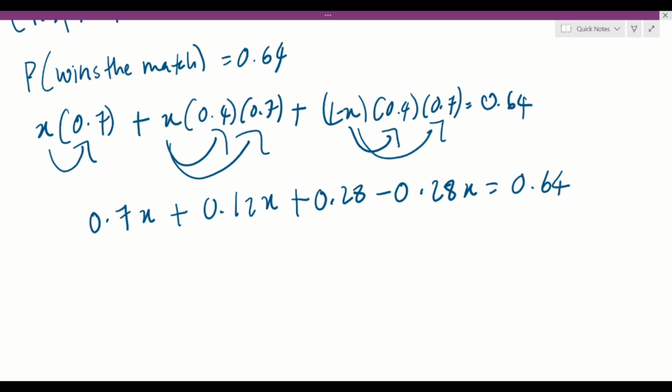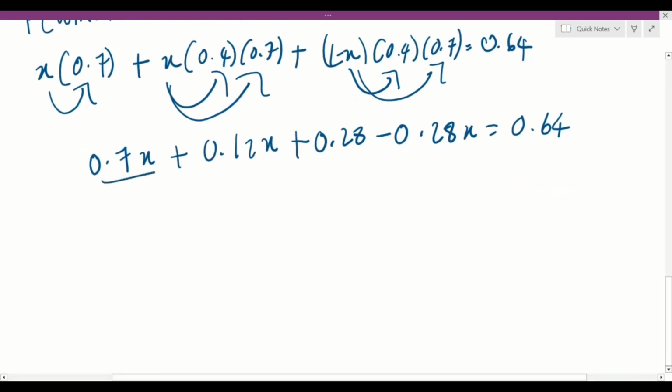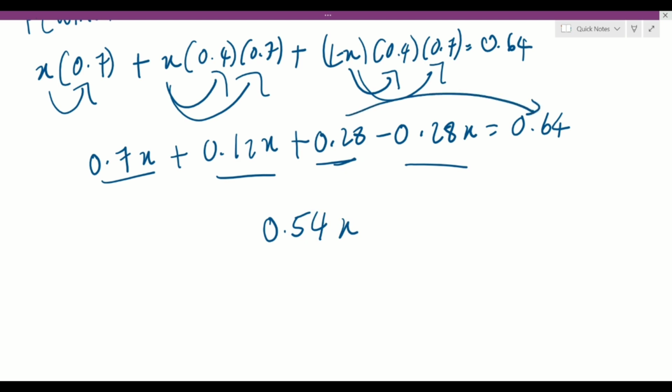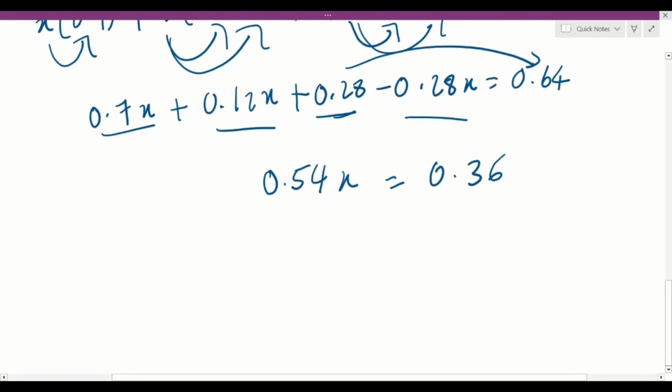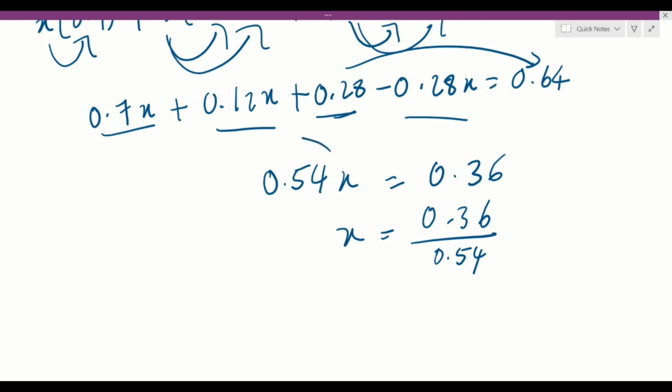Okay, clear? Now you add up everything with x, you gather it, and you'll get 0.54x, and you move this to this side, and you'll get 0.54x is equivalent to 0.36. Then you shift x: 0.36 over 0.54, because you have to bring this to this side.